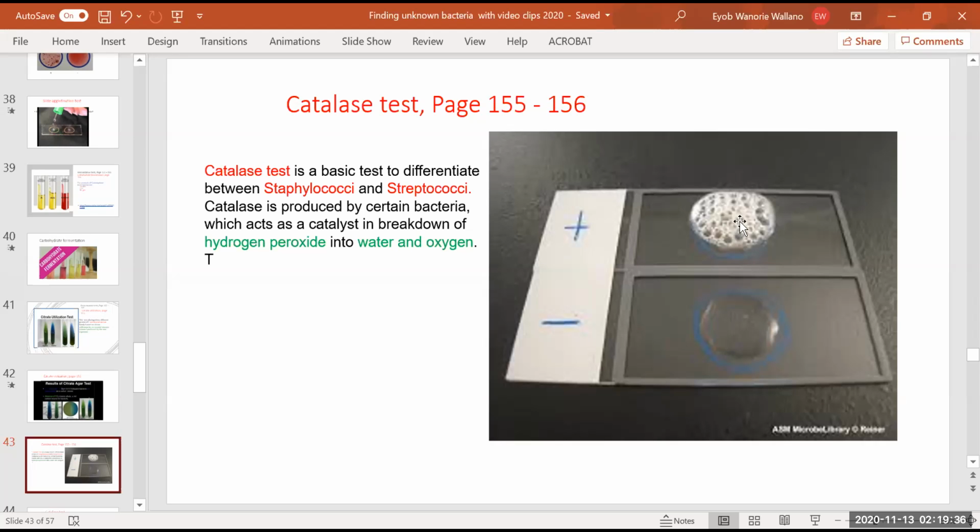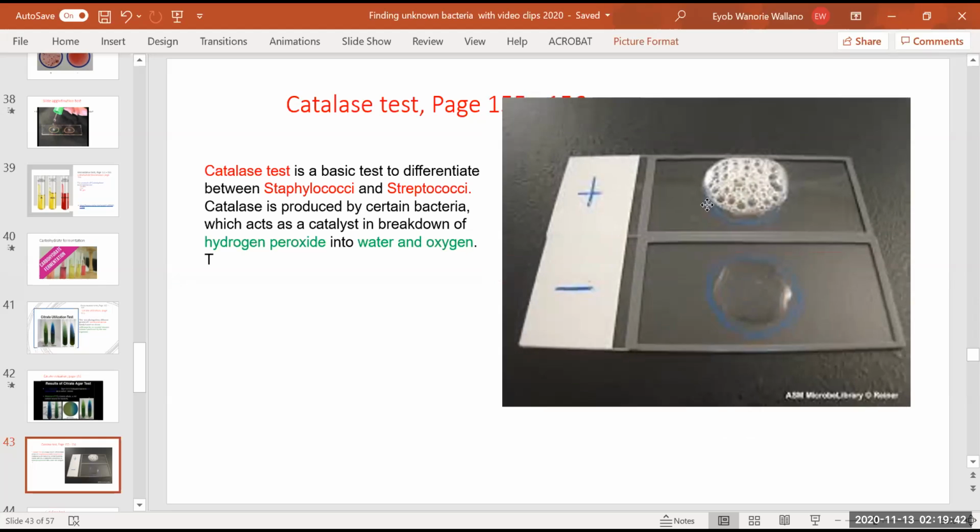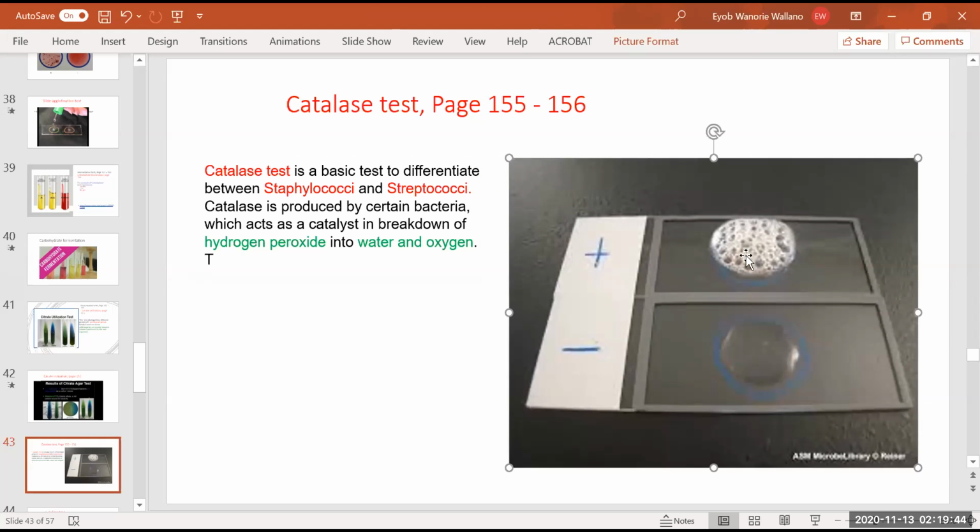When we add hydrogen peroxide, H2O2, to bacteria on solid media, you can put it on a slide, and drop 1 or 2 drops of hydrogen peroxide, and it makes bubbles. Those bubbles are water and oxygen.